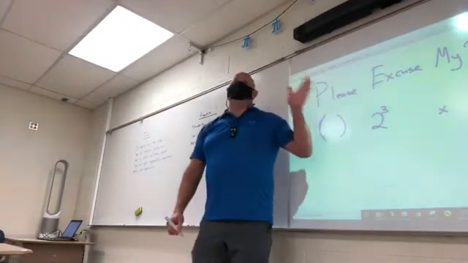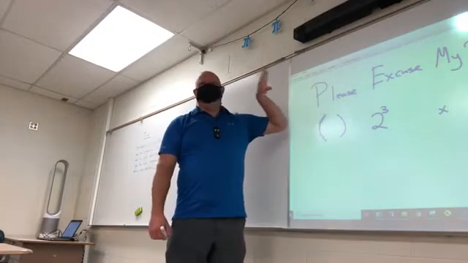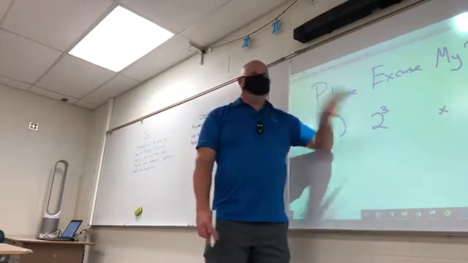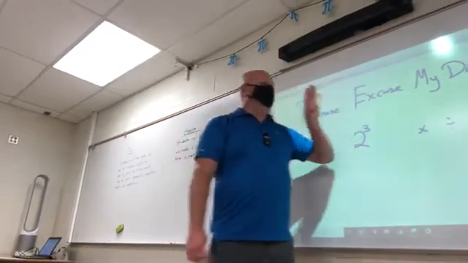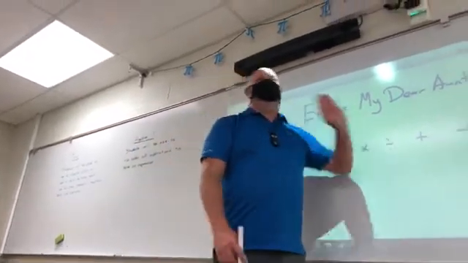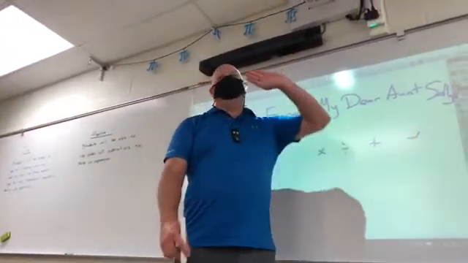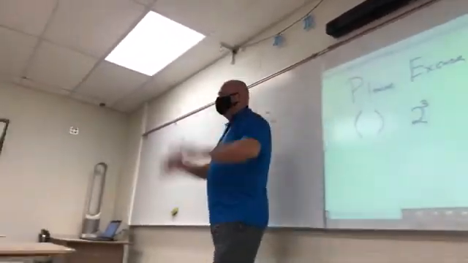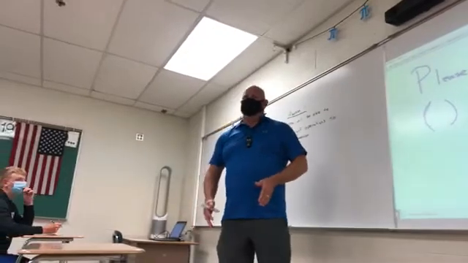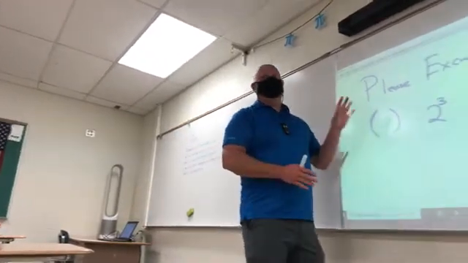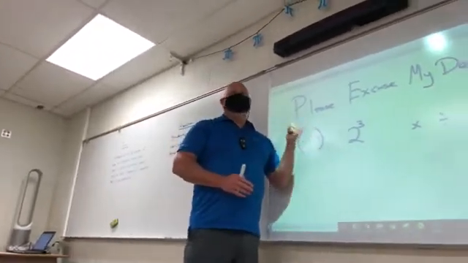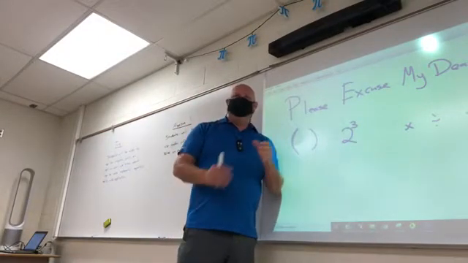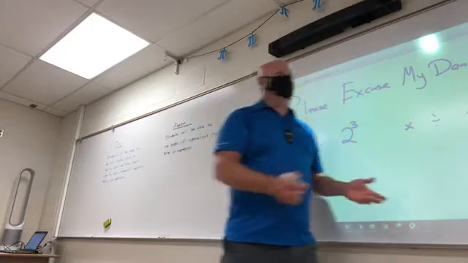They think it is set in stone that you take care of anything inside parentheses first, then you do exponents, then multiplication, then division, then addition, then subtraction. And that is absolutely wrong. Now, the way it actually works is you do anything inside parentheses first. That is correct. If you see parentheses, we've got to take care of that first.